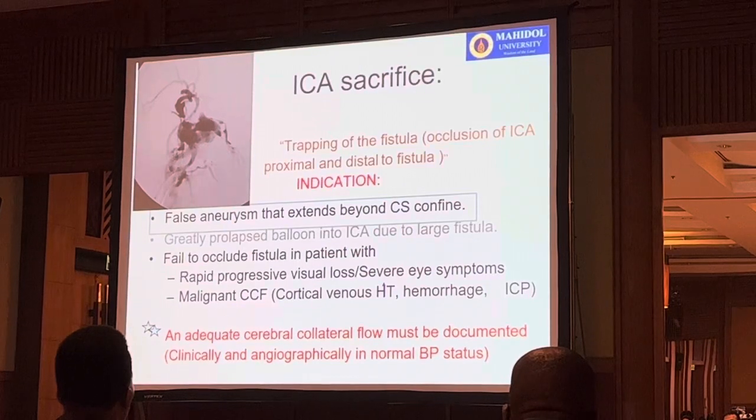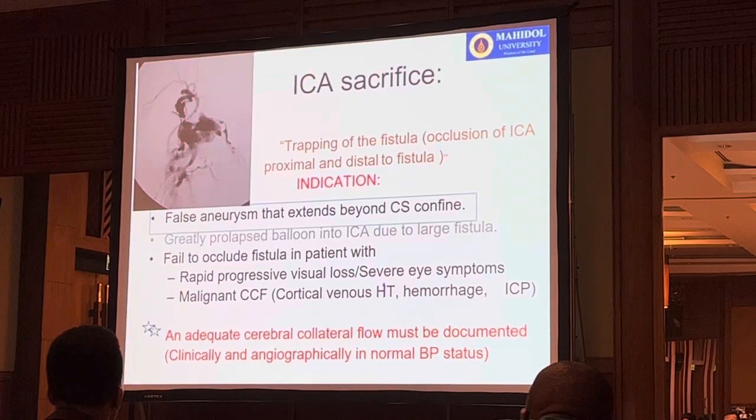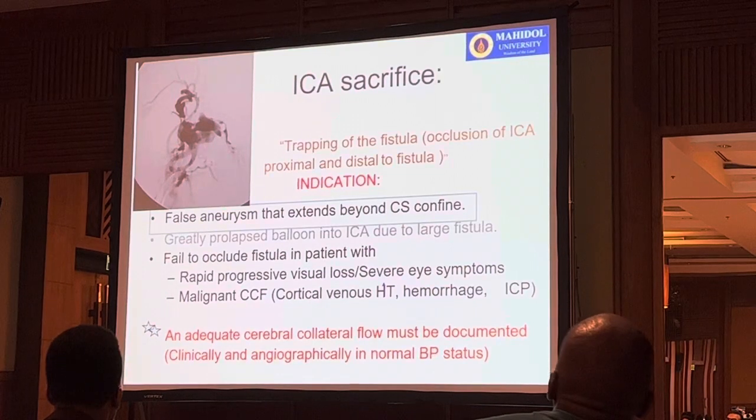Sacrifice. Usually the indications are what I said: a false aneurysm extending beyond the cavernous sinus confines, both into the sphenoid and even rising above the dural ring over the cavernous sinus, creating a chance of hemorrhage in the open space.